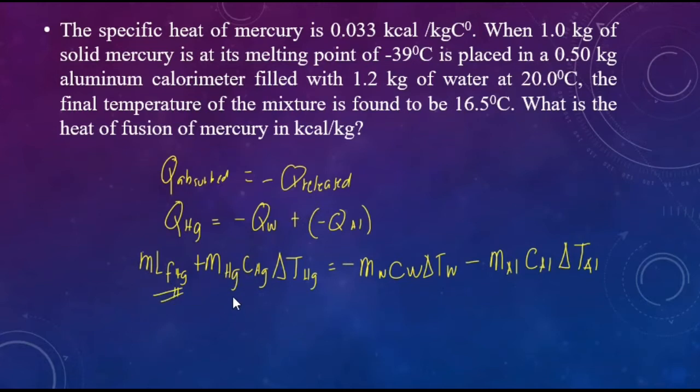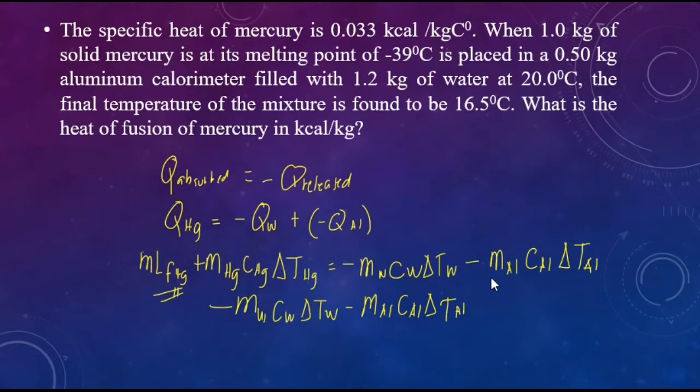So we can derive first, or you can substitute and then get L_f. But for this case, I will show you the derivation first. So we'll have negative on this side, mass of the water, c of the water, delta T of the water, minus mass of the aluminum, c of the aluminum, and then delta T for the aluminum.